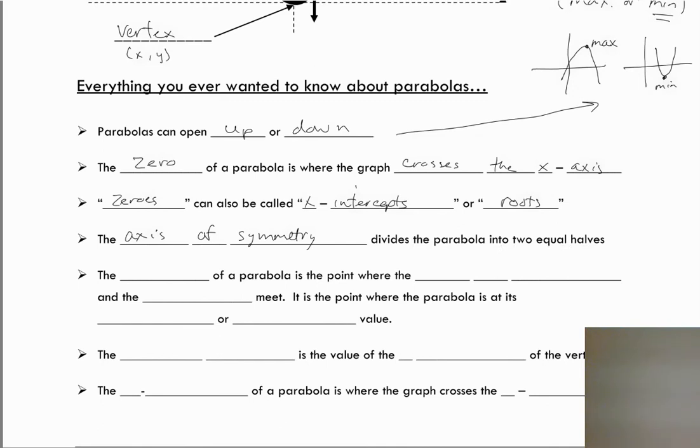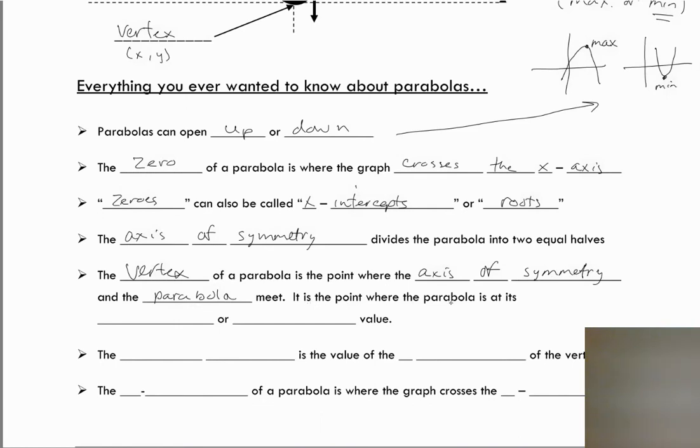Okay, the vertex of a parabola is the point where the axis of symmetry and the parabola meet.